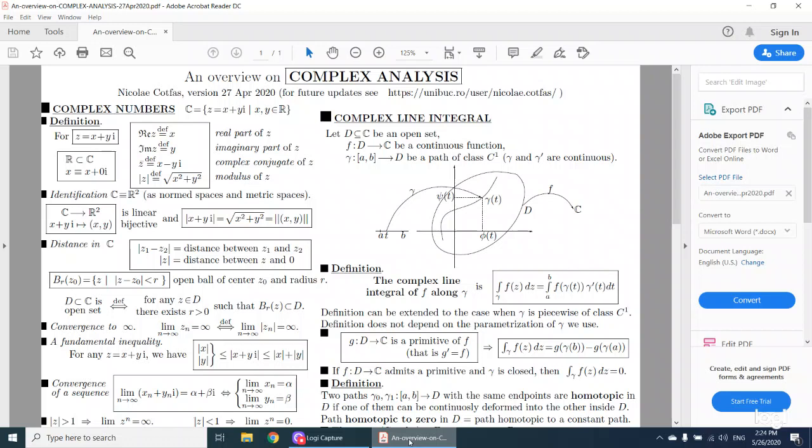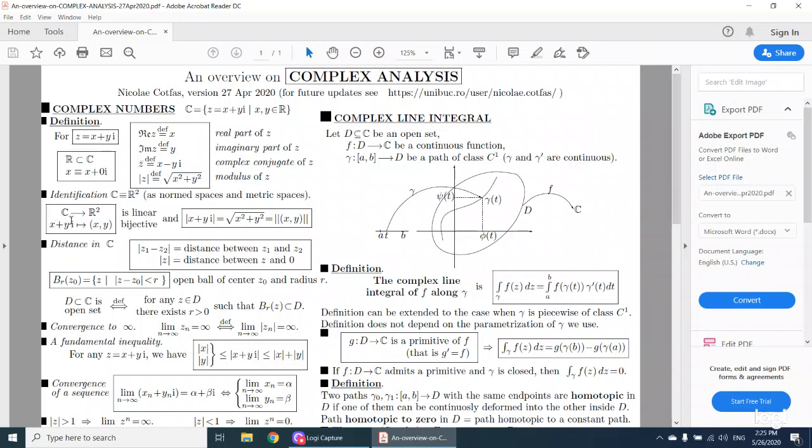In the previous video clips, we presented the space of all the complex numbers. Here are some notation: real part, imaginary part, complex conjugate, modulus of a complex number. Then the identification of the space of all the complex numbers with the two-dimensional real space as norm spaces and also as metric spaces.